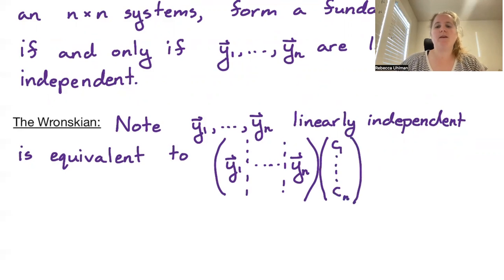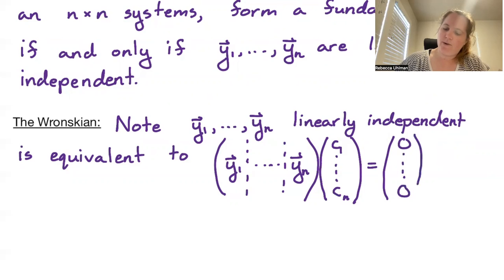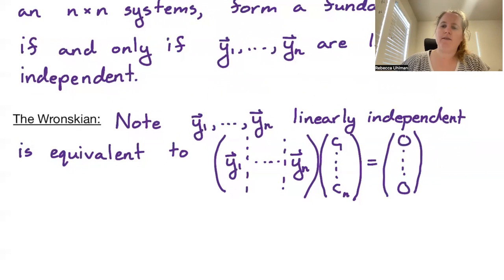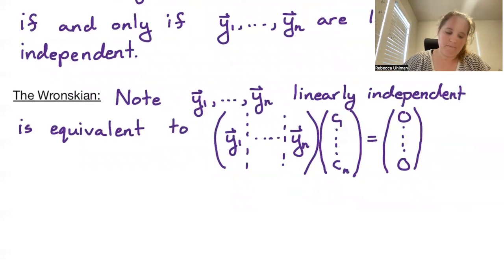Doing this multiplication, this would be precisely c1 y1 plus all the way through cn yn. So this is equivalent to our matrix multiplying the vector c1 through cn and equaling the zero vector having only the trivial solution.